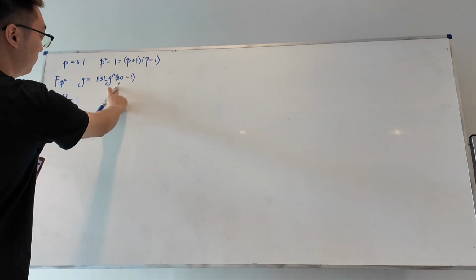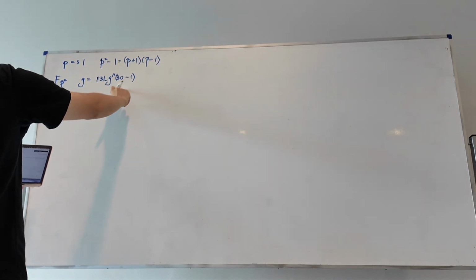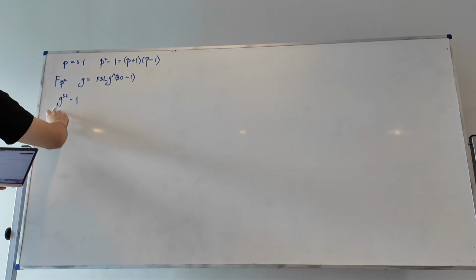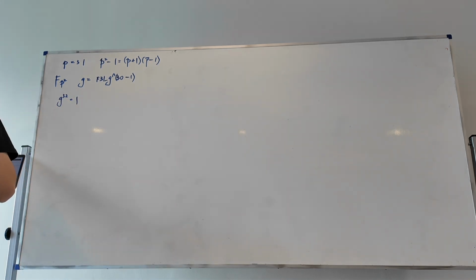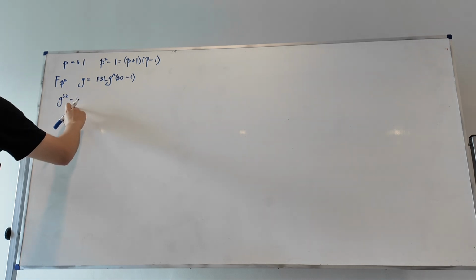And this is p minus 1, so G to the 32 is 1.